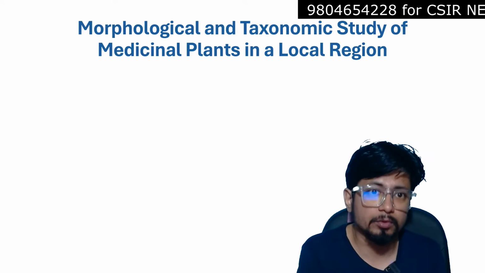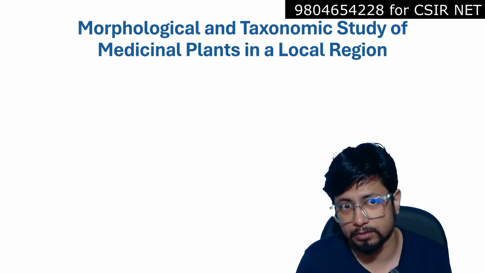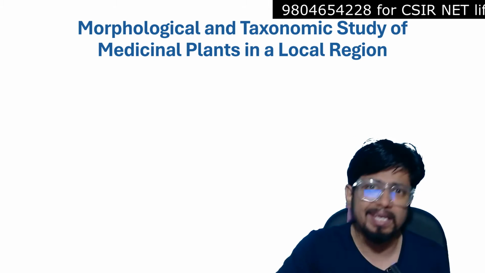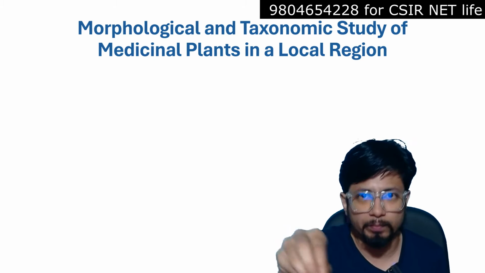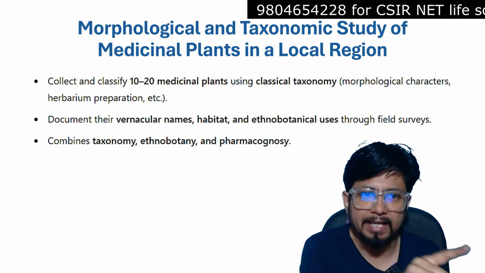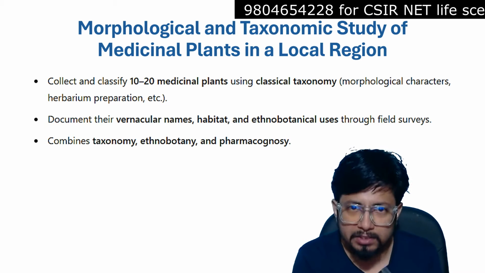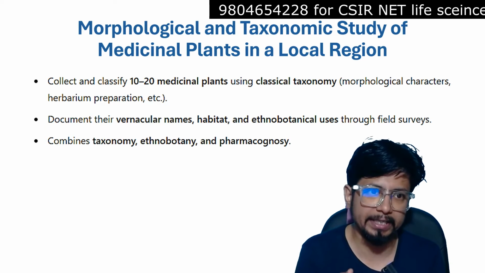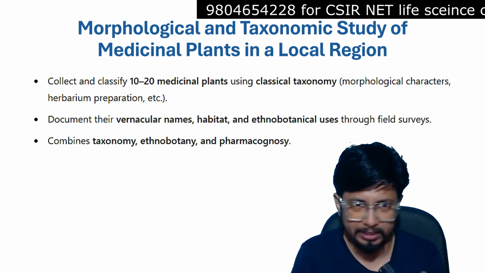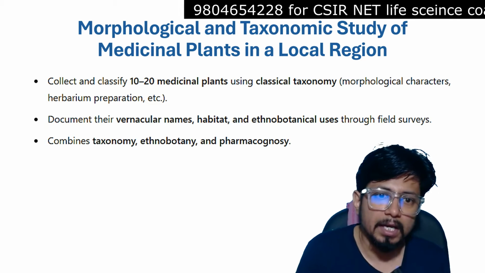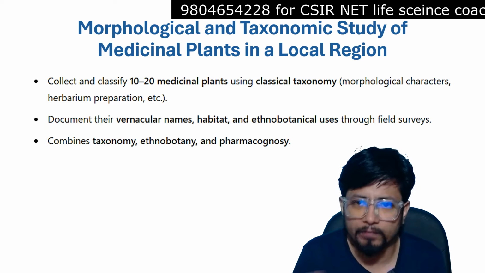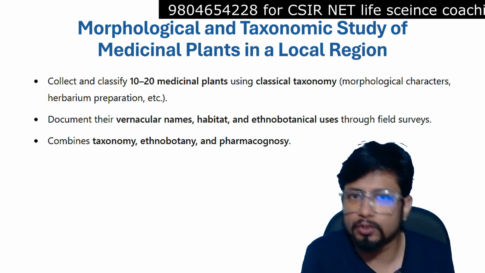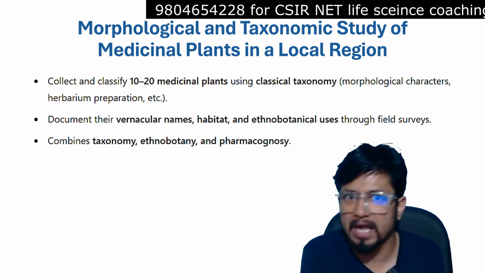But as botany students, you can do the morphological and taxonomical study of medicinal plants in the local region that you belong to. Collect and classify 10 to 20 medicinal plants using classical taxonomy, that is morphological characters, herbarium preparation, etc. Then document their names, habitats, and obviously the ethnobotanical use those plants have.